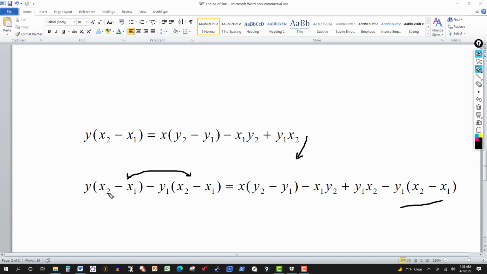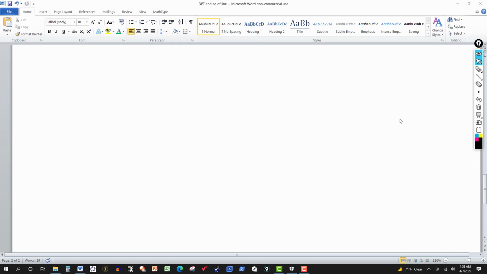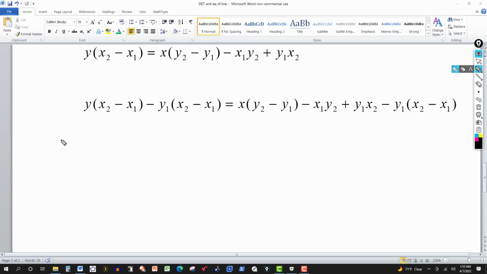And now what I'm going to do here, notice I have a x2 minus x1 and x2 minus x1. I want to factor that out, because remember, I want to come up with y minus y1. I'm going to factor this out on this side. We'll go to the next step here. So I'm going to have y minus y1. That's what I want on the left side.